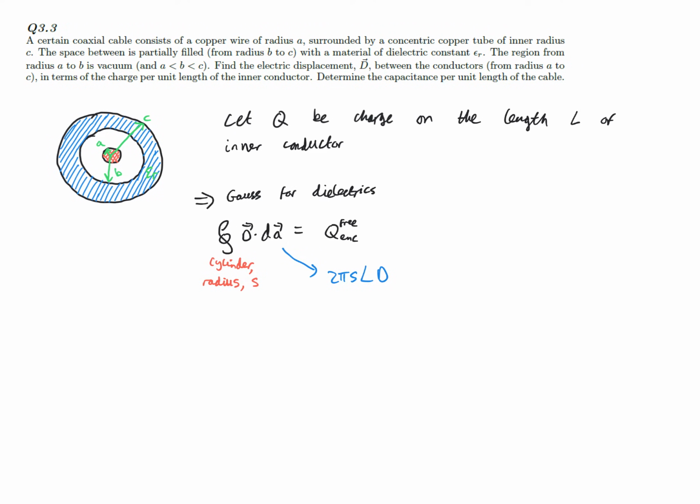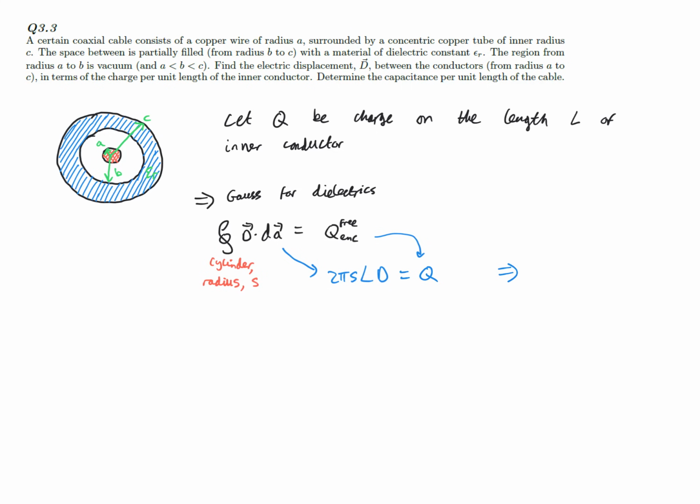And because the electric displacement only varies according to the distance from the axis rather than any angular dependence, we can simply take that out of the integral. The remaining integral is then just the area of the cylinder, which is 2 pi s L. Good. And on the right-hand side, we have the charge enclosed, which is simply this Q that we've just defined.